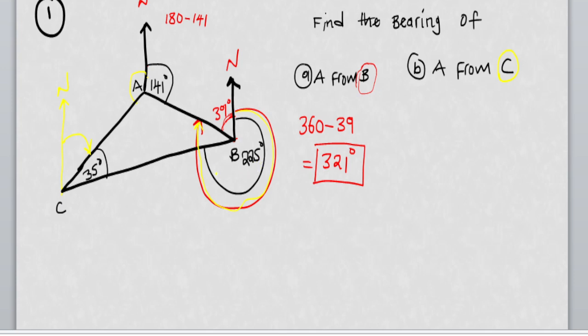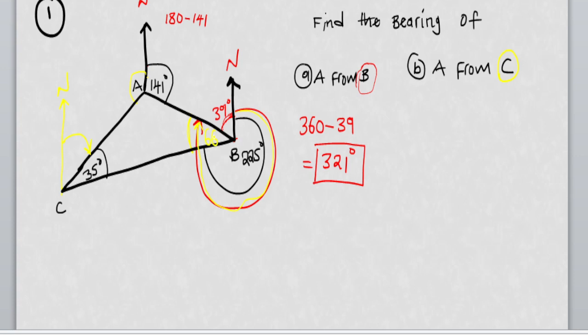So if we say 321 subtract 225, that's the angle that is inside here. So can you do 321 subtract 225? If you do the calculations, you should find 66. So you should find 66 degrees inside.